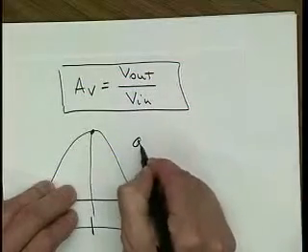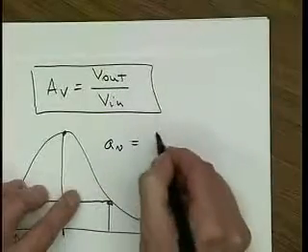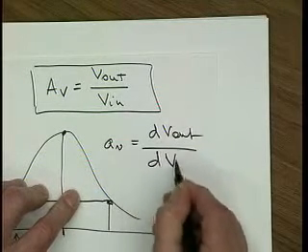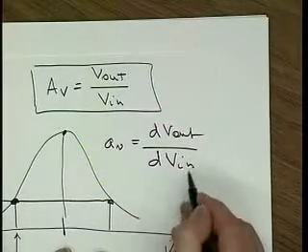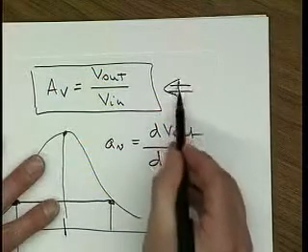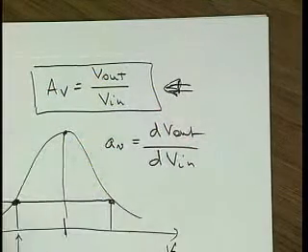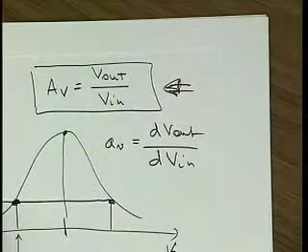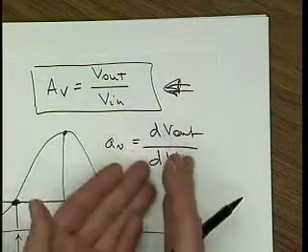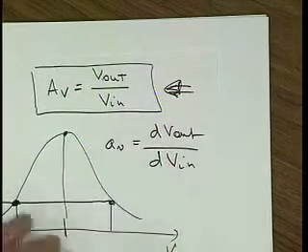That would be the AV, which would be dVout over dVin, or Vin, right? So both are good gains for an amplifier, especially a diff amp, and so it's usually this thing that matters. For a transistor, this thing is kind of a bizarre thing, and so it's often this thing that we specify.